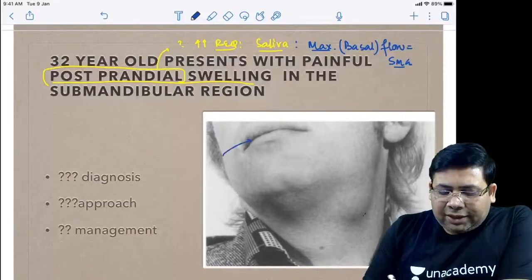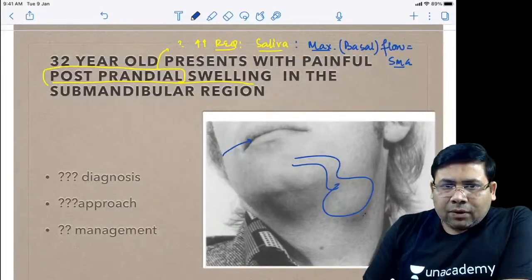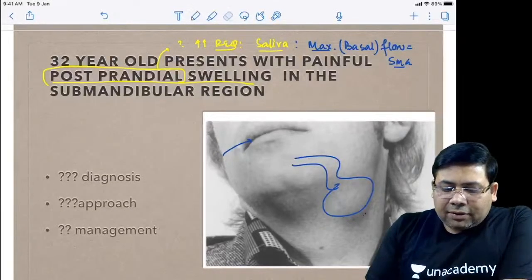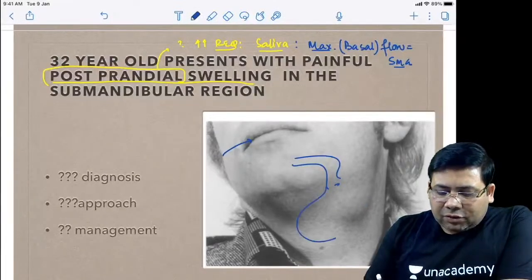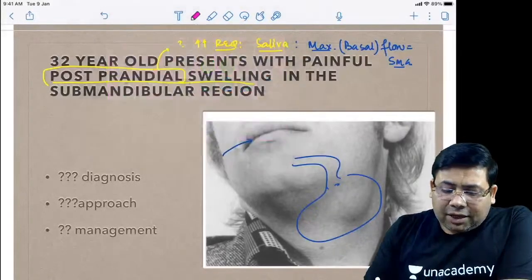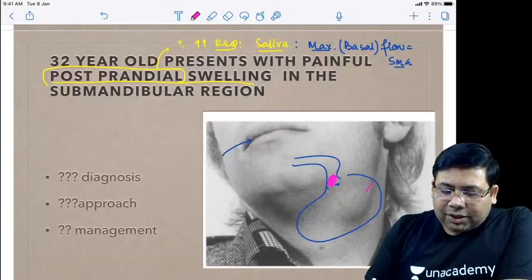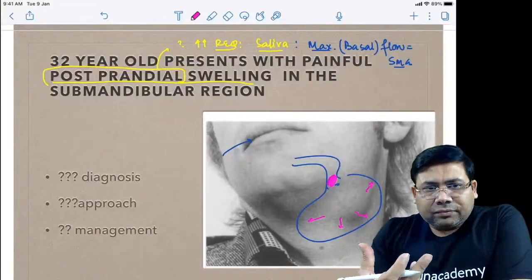Whenever you are eating, this gland will swell up in size. Why? Because it is not able to drain its saliva out. That means it may be associated with some obstruction, and that is why postprandial swelling is evident.